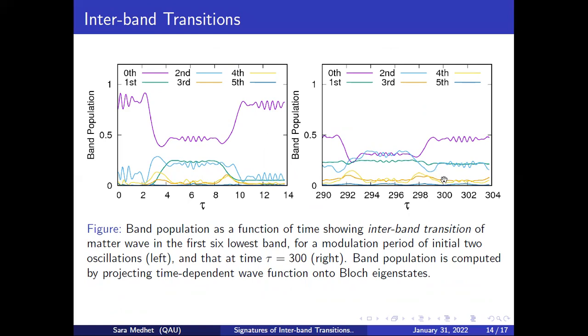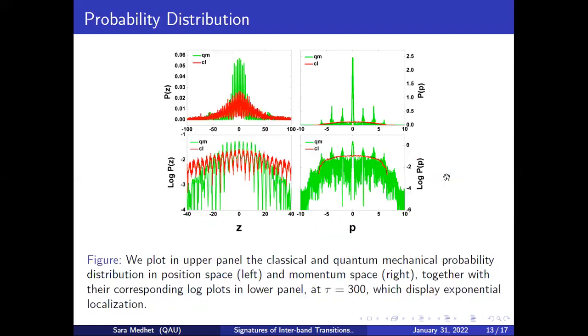Now, as we have plotted the previous plots at tau equals 300, we can see that at tau equals 300, the maximum population resides in the zeroth band and then the first, second, and third bands, which is a similar view as you can see over here.